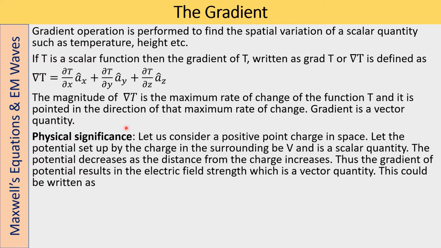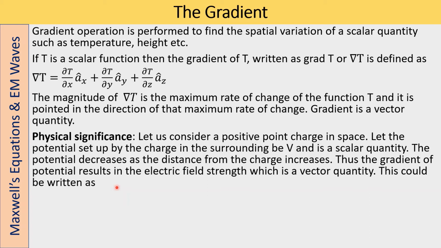Let us consider a positive point charge in space. Let the potential set up by the charge in the surroundings be V, which is a scalar quantity. The potential decreases as the distance from the charge increases. Thus, the gradient of the potential results in the electric field strength, which is a vector quantity.